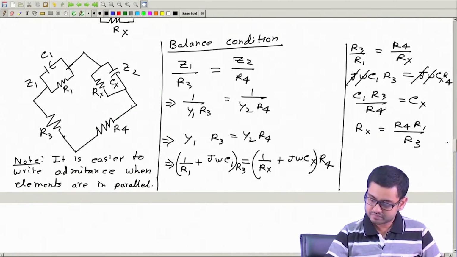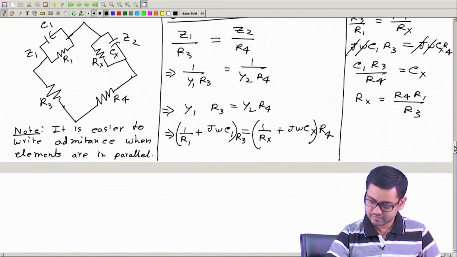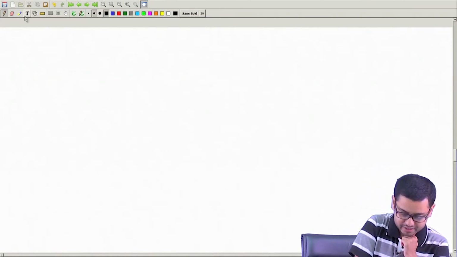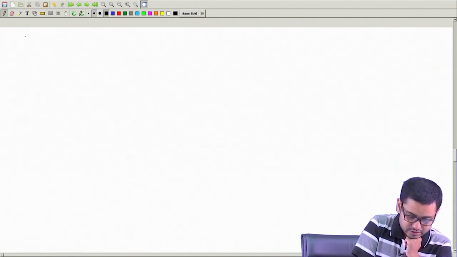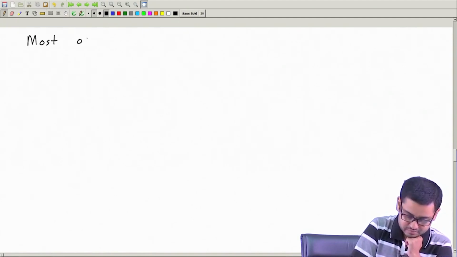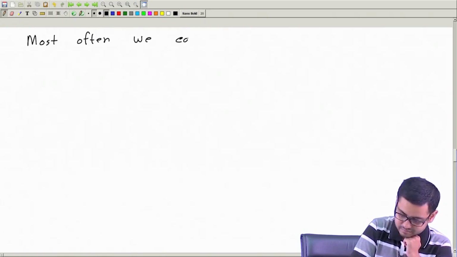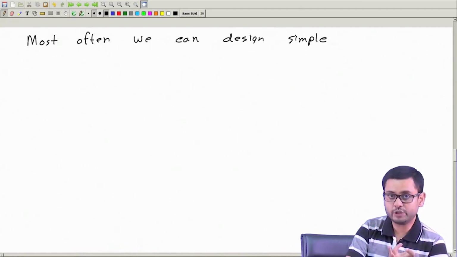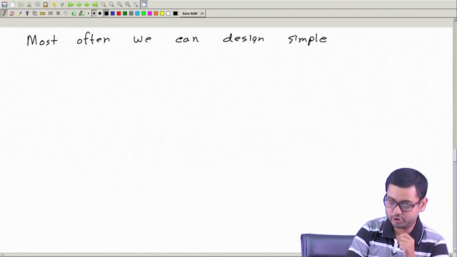Okay. Now, I will tell you an interesting fact. Most often we can design simple bridges. Simple means whose balance equation is easy and simple to derive.